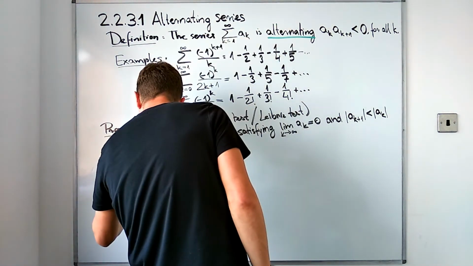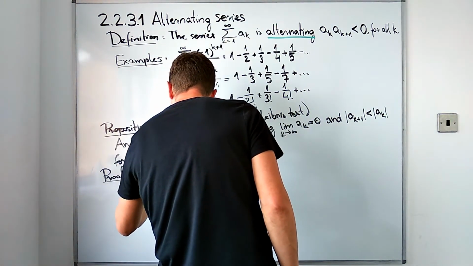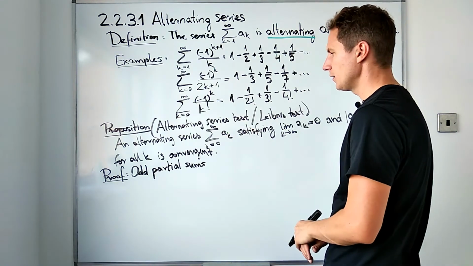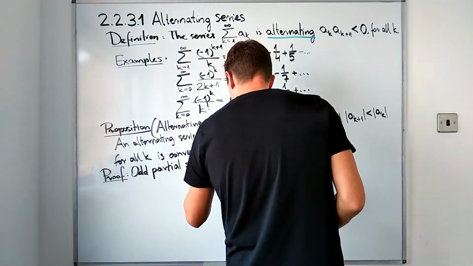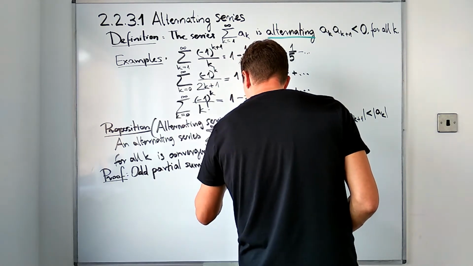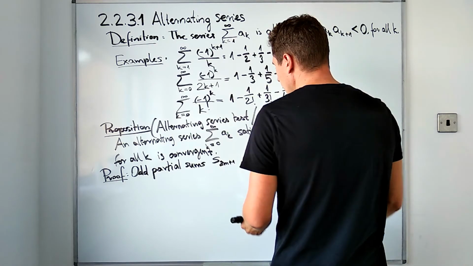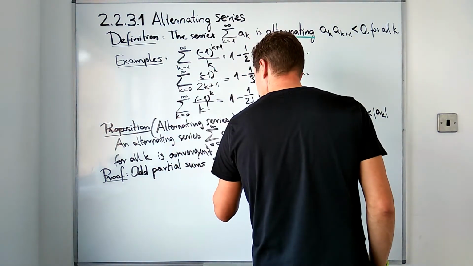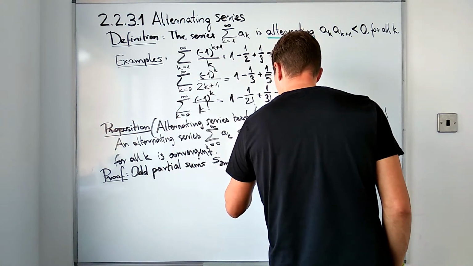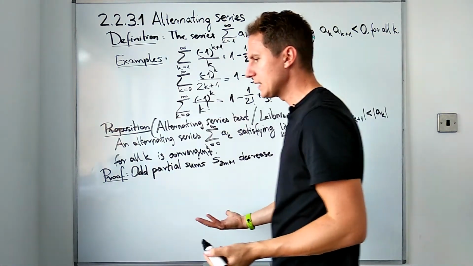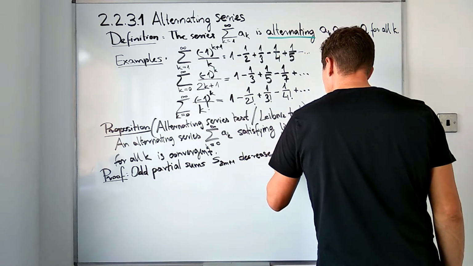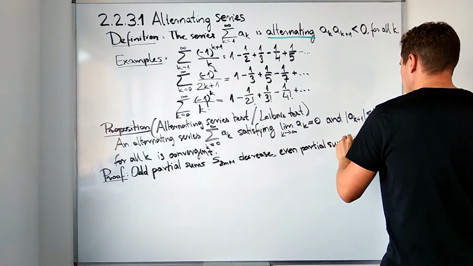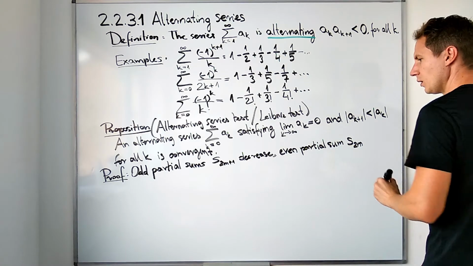If we look at the odd partial sums in such an alternating series, by which I mean S_{2m+1}, this sequence of odd indexed partial sums will be decreasing as the index increases, and partial sums with an even index 2m will increase.